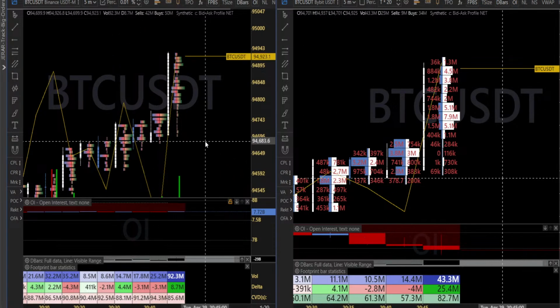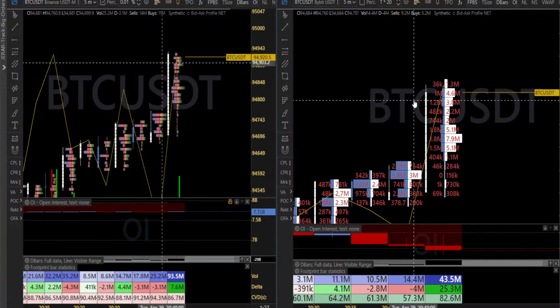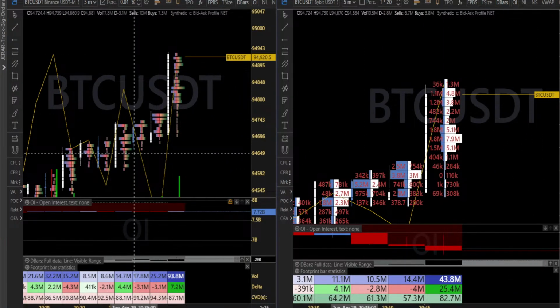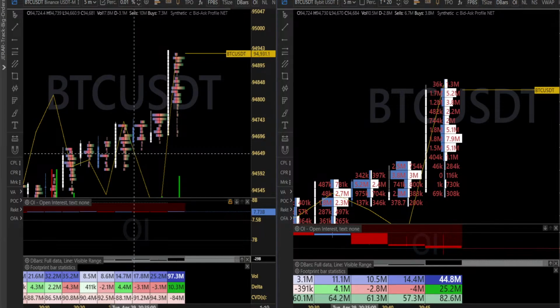Probably a do or die for a local rejection here, right around 95K, the value area high.